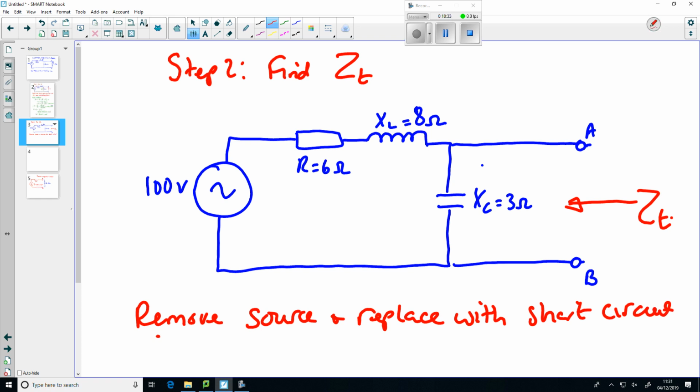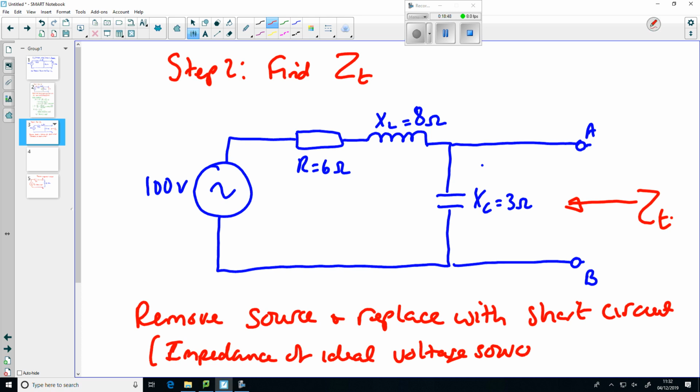That's the impedance of my ideal voltage source.